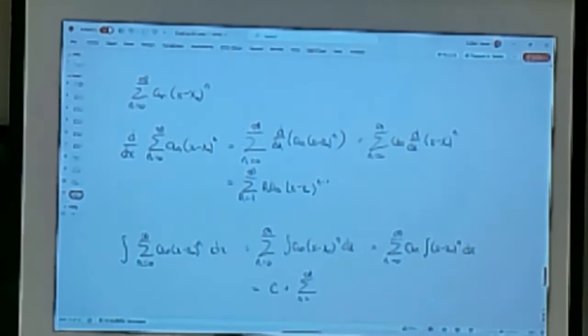So again, the derivative of x minus x naught is just 1. So you can treat it as u. So what's the antiderivative of u to the n? Antiderivative of u to the n would usually be, we can't use the power rule now. Why can't you?